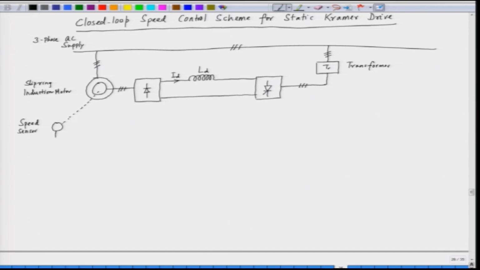and the speed sensor gives us the feedback value of the speed. This is omega m, and we have here the reference speed, which is omega m star. Then we feed this to a PI controller, PI 1. So, this is the speed error, and then this is followed by a current limiter.